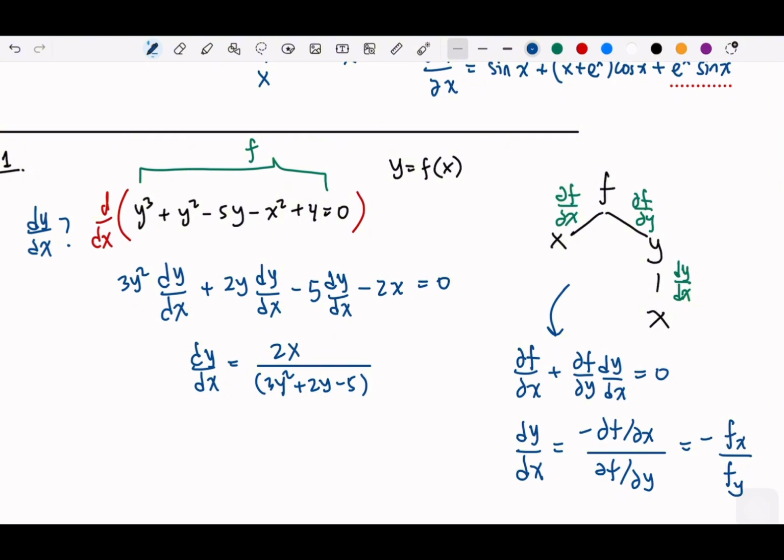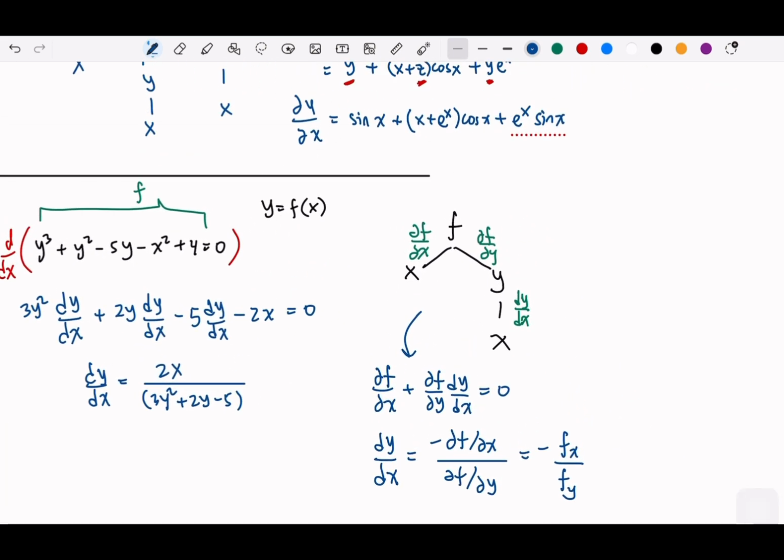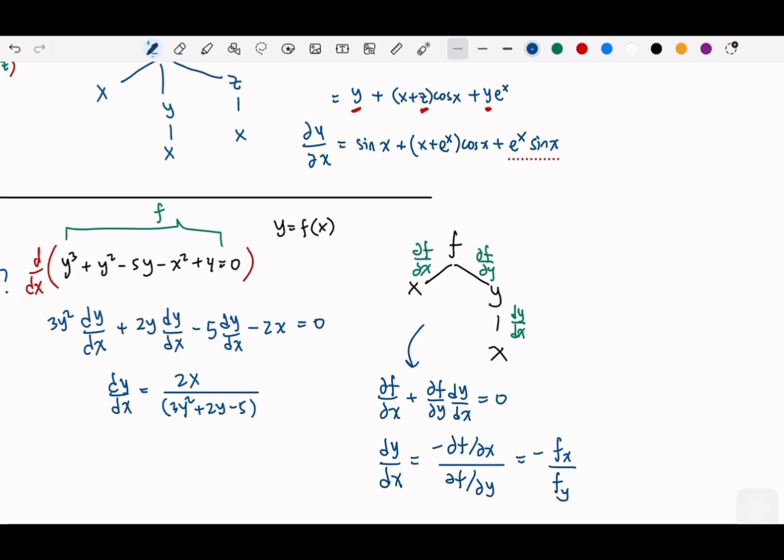Partial y is the same here, right? So we can use the same general formula to write that this is going to be 2x over 3y squared. That is calculus 1 versus partial derivative.